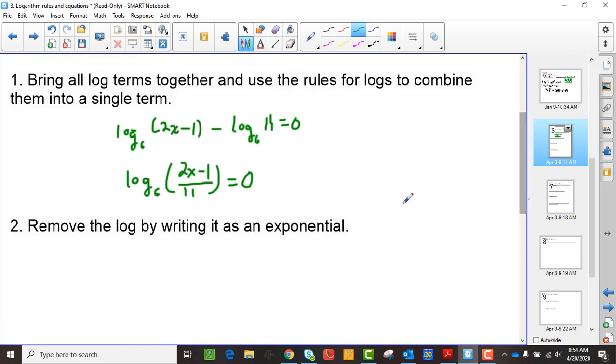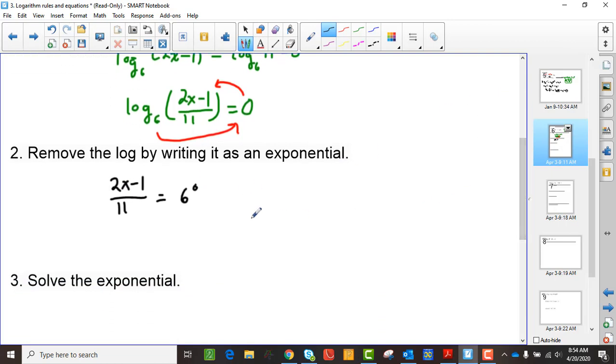Then I write the logarithm as an exponential, which means I take the base and raise it to the power, and it equals the argument, like we were doing before. So 2x minus 1 over 11 is equal to 6 to the 0, which means that 2x minus 1 over 11 is equal to 1.